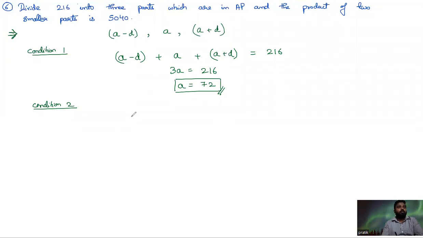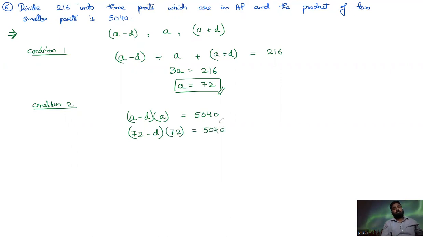So condition 2 is the product of the two numbers, that is A minus D, the smaller two parts, A is 5040. So A is 72, that is 72 minus D into 72 is equal to 5040.